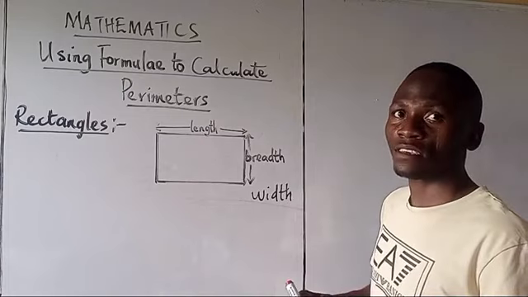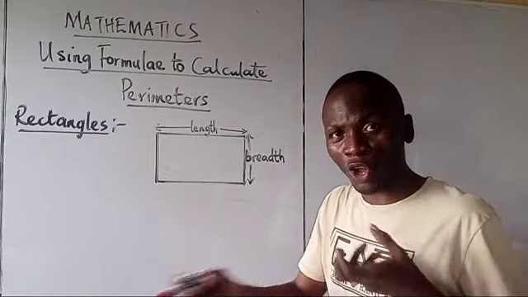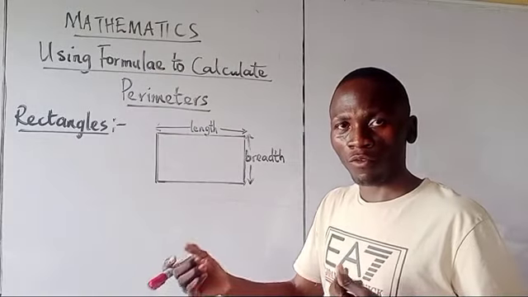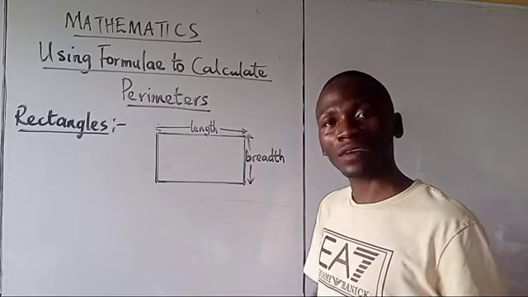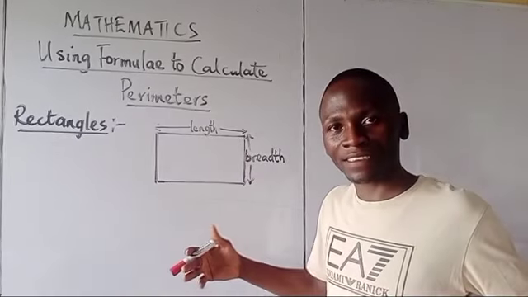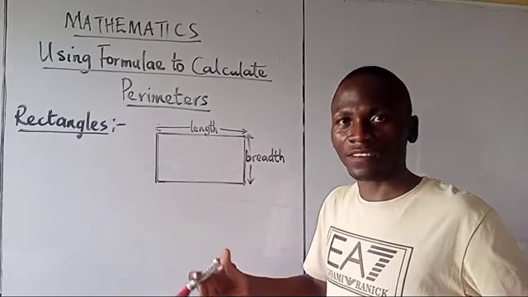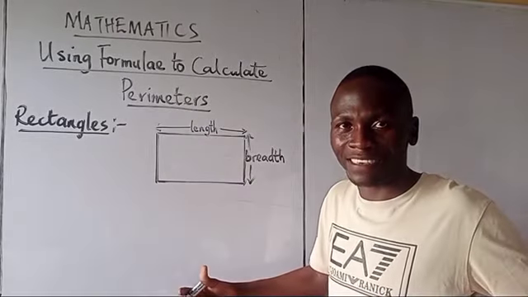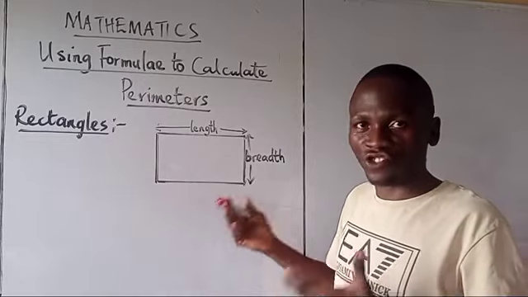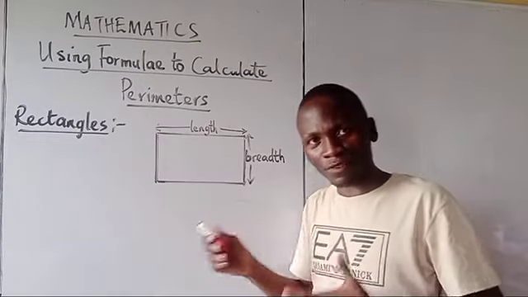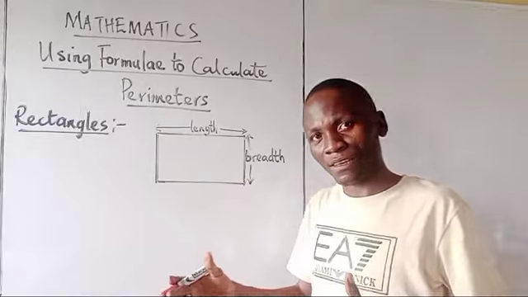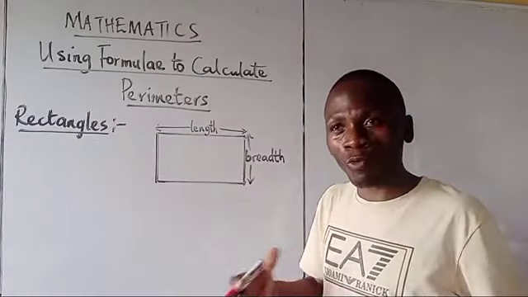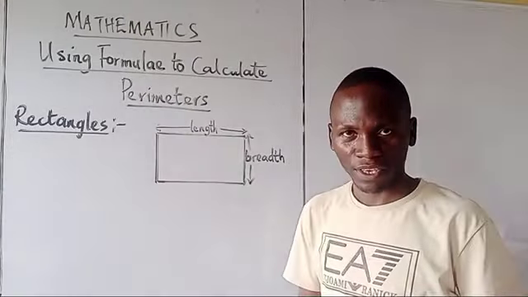The length talks about how long something is, while the breadth, the width, talks about how wide a shape is.